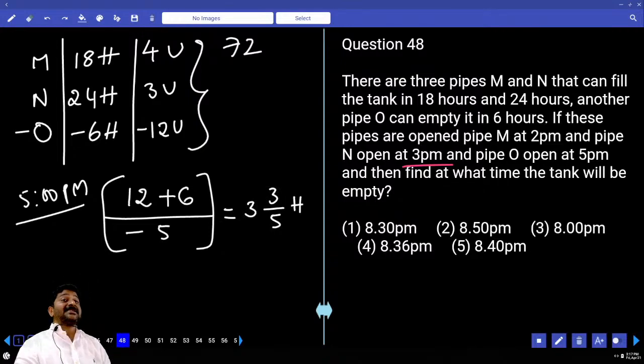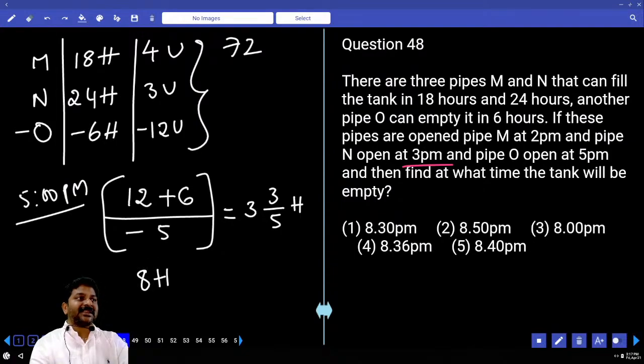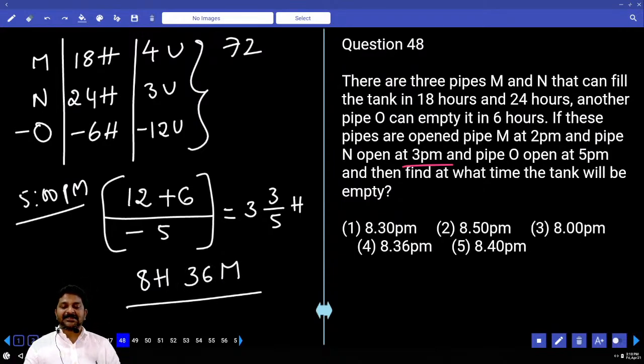That means the tank gets emptied in 3 3/5 hours from 5 o'clock onwards. So the answer is 8 hours 3/5 hours. Convert into minutes, 36 minutes. 8 hours 36 minutes PM, fourth option.